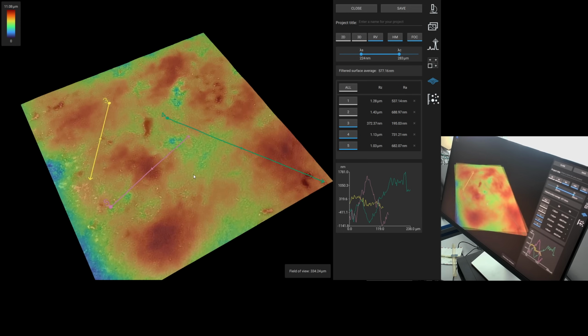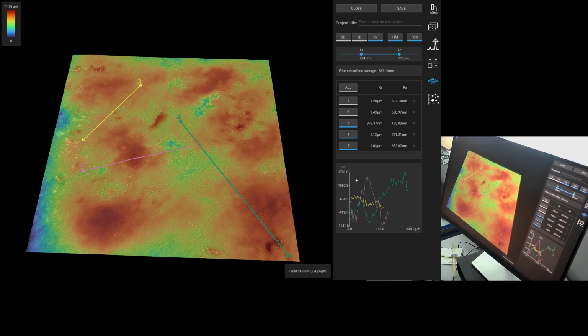Very, very flat. Across that yellow area there. Minus 203 nanometers to 529 nanometers. Pretty darn flat. This might be just harder material or something. Anyway, we'll save that.